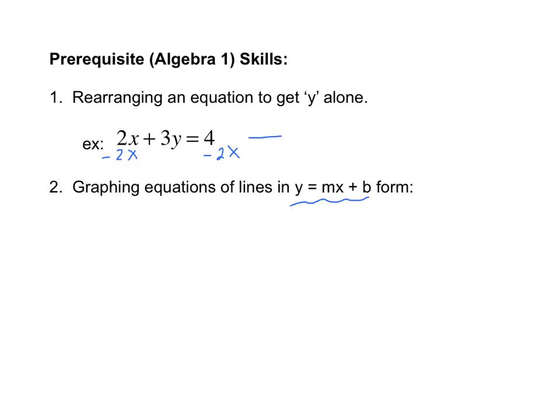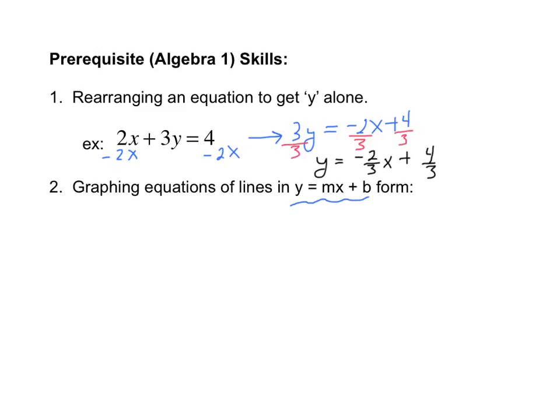Then this would first look like 3y equals negative 2x plus 4. And then to totally isolate y, we have to divide out this multiplier. So now our equation would end up looking like y equals negative 2/3 x plus 4/3.